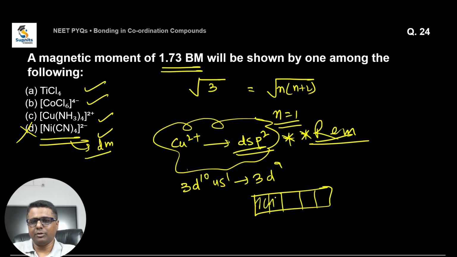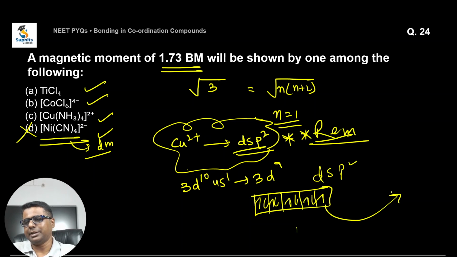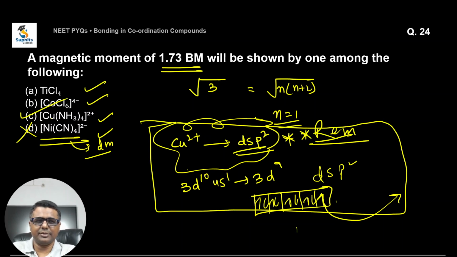Okay, these are all paired, this is unpaired. So this unpaired is going to move up, so it is going to dsp2 hybridization, this unpaired is going to move out, and this has the unpaired electron. So the answer will be this one, that is fine, but there is a catch in this compound. So I'll urge everyone to do this compound very well, because this is one that you need to remember.